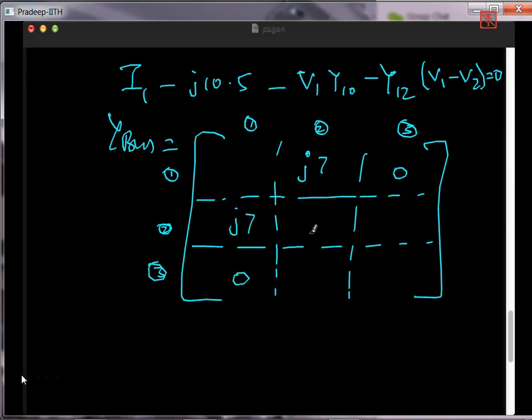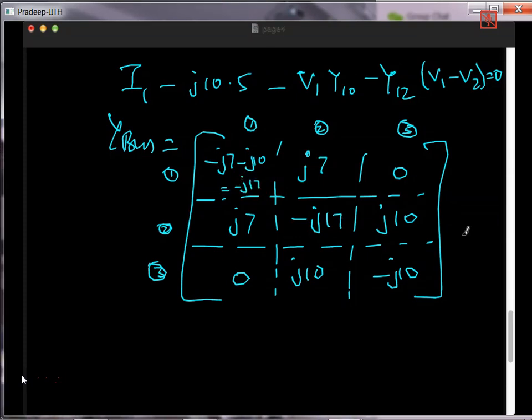Whereas here it will be J10, and here it will be J10 minus J17, and this will be minus J10. So here minus J7 minus J10 will come into picture. This is just the additional element that is coming. So finally it will become minus J17. So this is your Y bus.